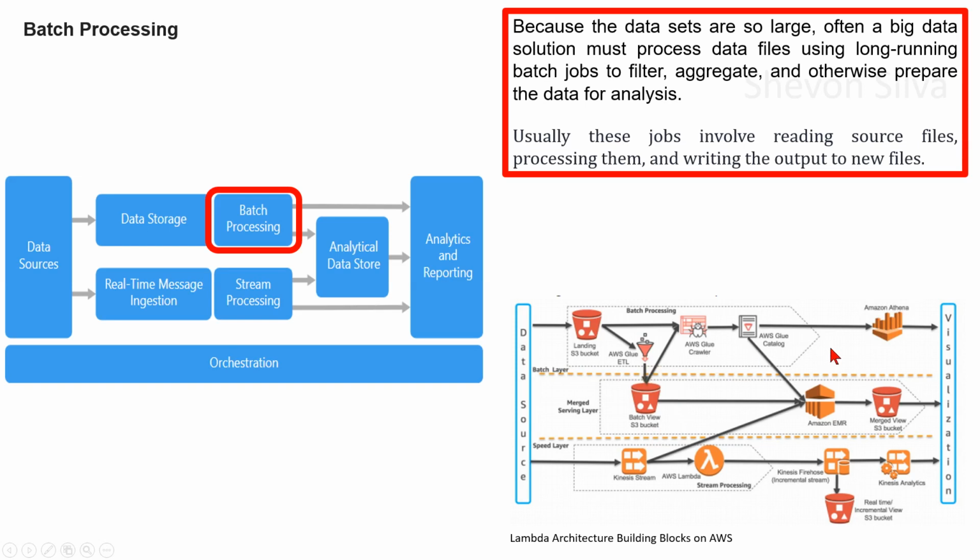Data analysis is performed using services like Amazon Athena, an interactive query service, or a managed Hadoop framework using EMR. Using Amazon QuickSight, customers can also perform visualizations and one-time analysis.